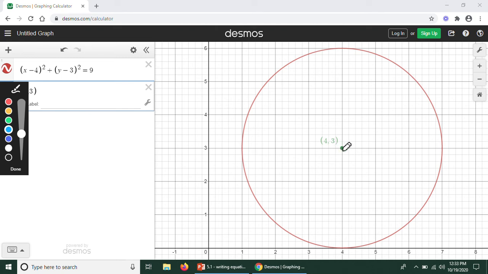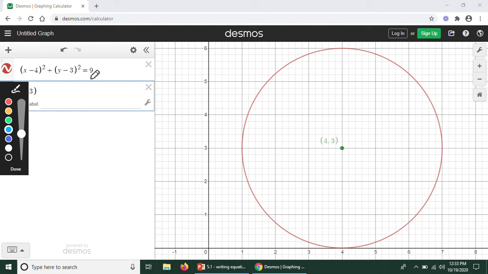Now notice that the length of the radius here is 3 units long. Now you can get the radius from the equation.